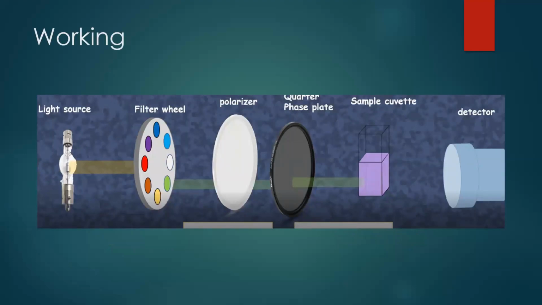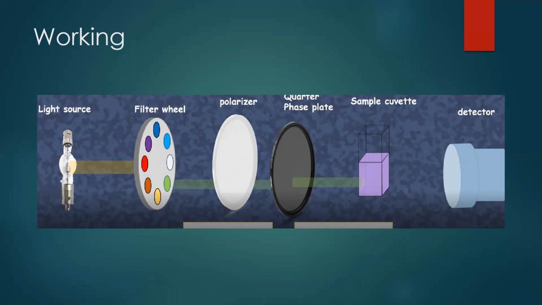Here, let us understand the different parts of the instrument in circular dichroism. We have a light source, which can be a normal white light source, producing light of different wavelengths. Then we have a filter wheel, which serves as a monochromator to produce a light beam of a particular wavelength.